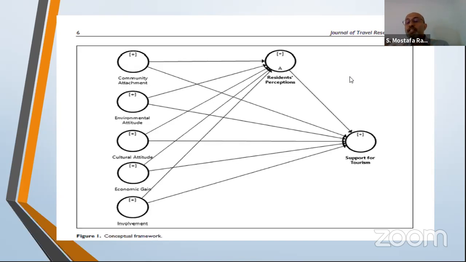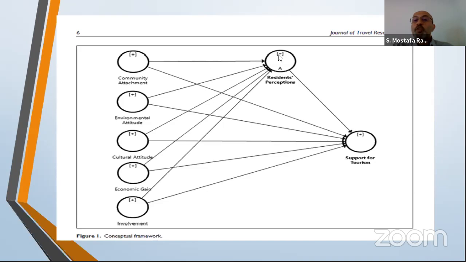And based on the result, we can discuss the effect of community attachment on support for tourism. This effect will transfer through resident perception or directly to support. When we compare these two, indirect and direct effect, we can see which one is most important for transferring the effect of community attachment to support.